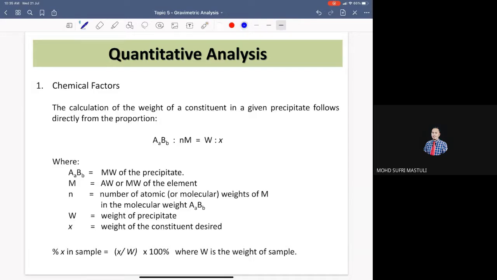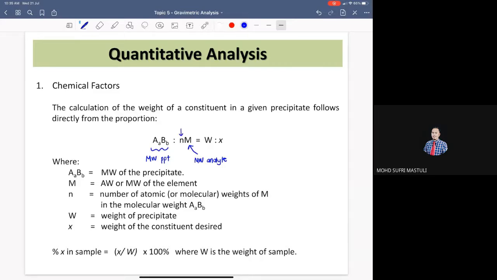As you can see in this slide, AABB is the molecular weight of the precipitate. M is the molecular weight of the analyte, or the constituent that we want to determine.